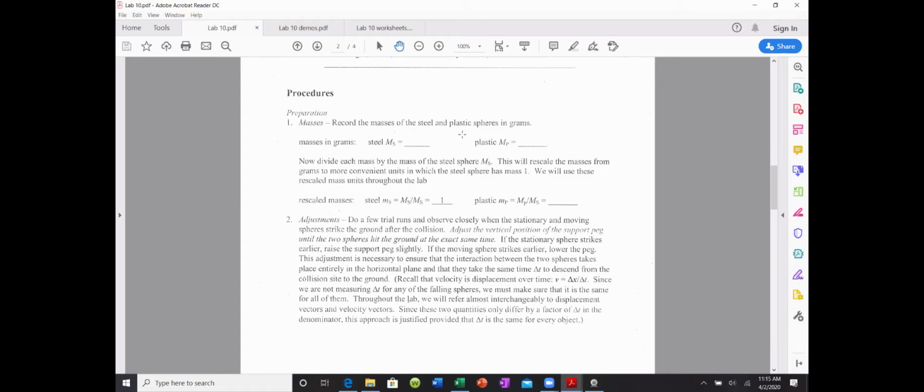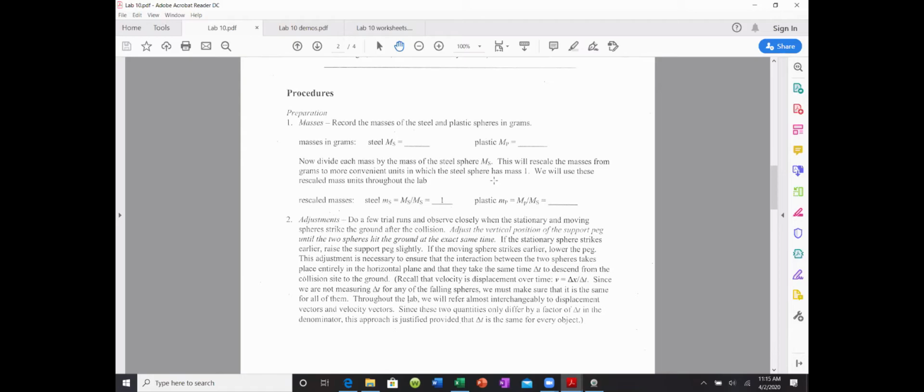Rescaled masses, if you read here: now divide each mass by the mass of a steel sphere. This will rescale the masses from grams to more convenient units in which the steel sphere is dictated to have mass 1. We will use these rescaled units throughout the lab.